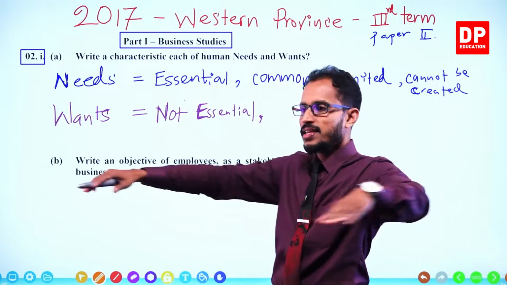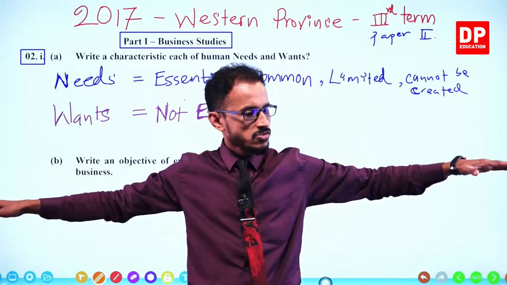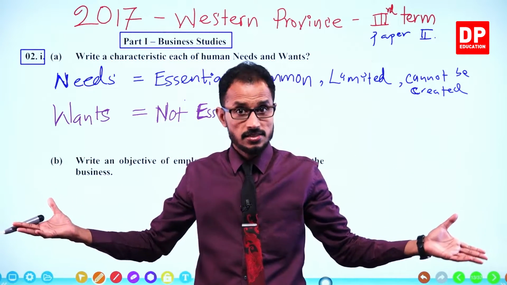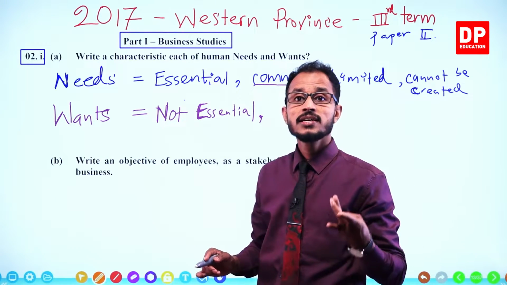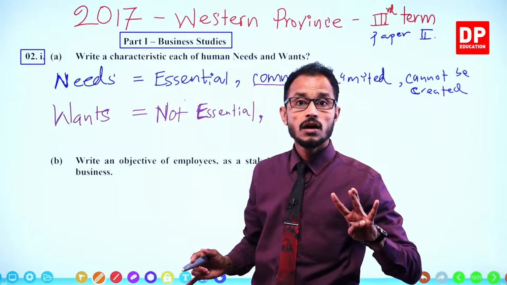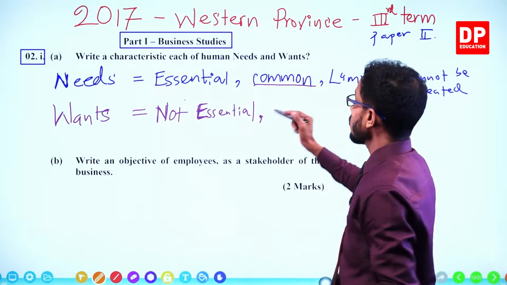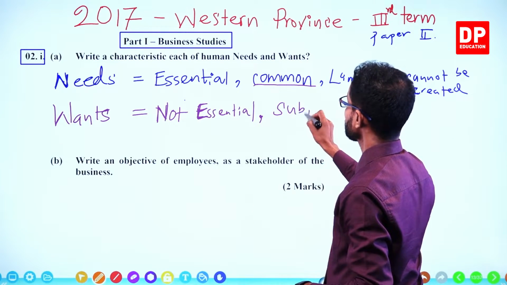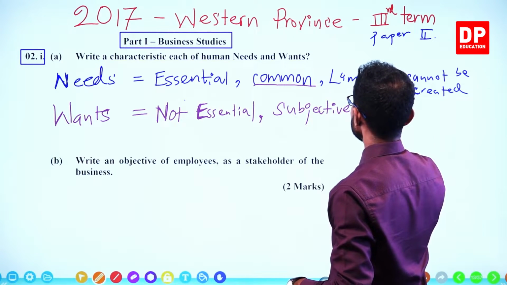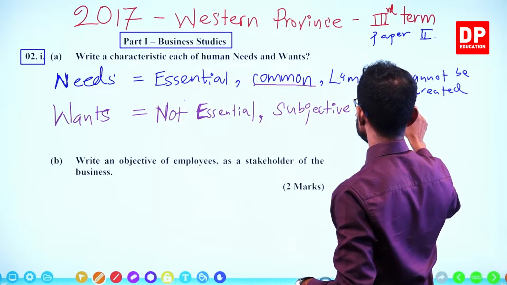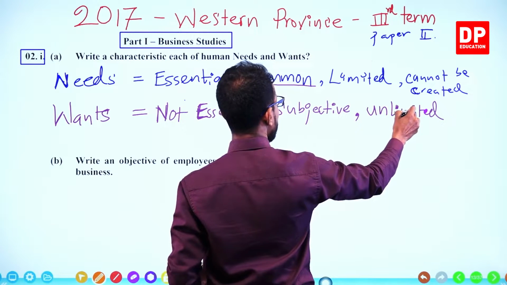Common means for everybody in the world, there are the same needs. But for wants, don't write wants are not common. Wants are subjective and unlimited. All the characteristics of wants.